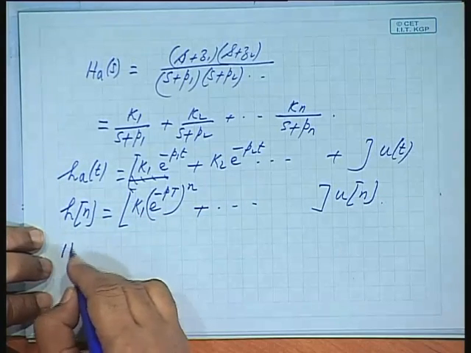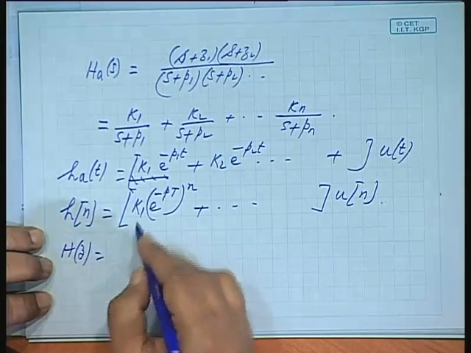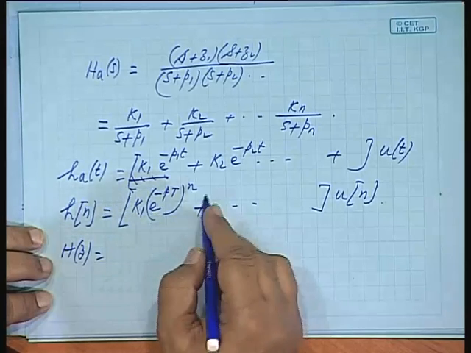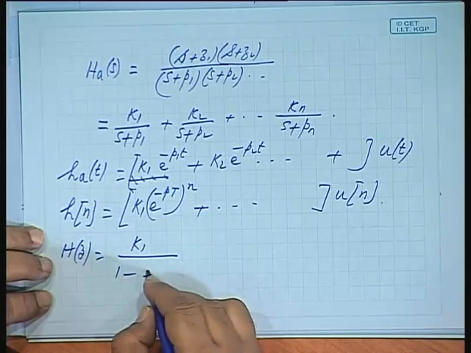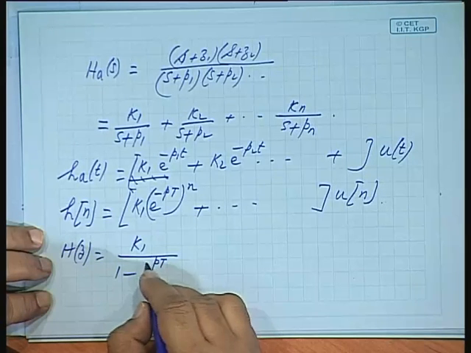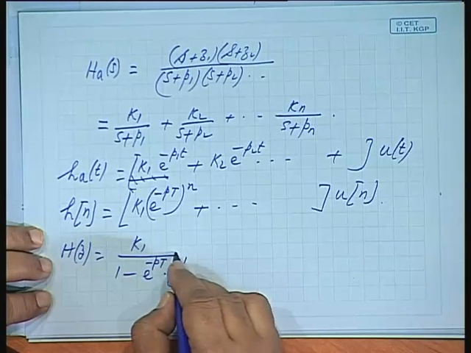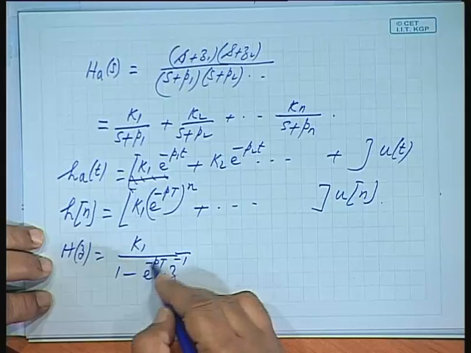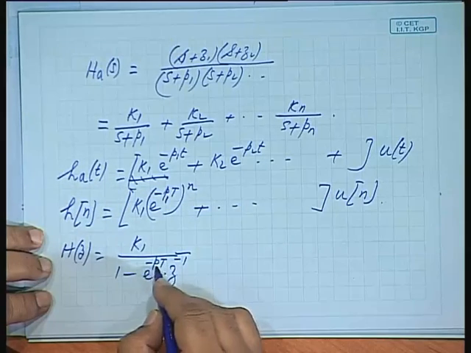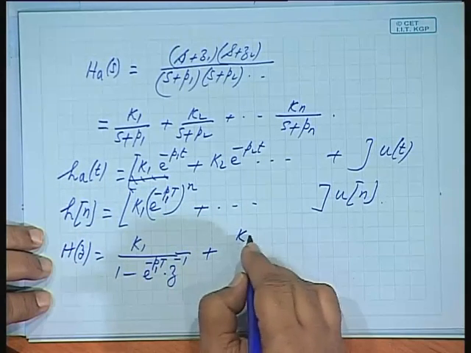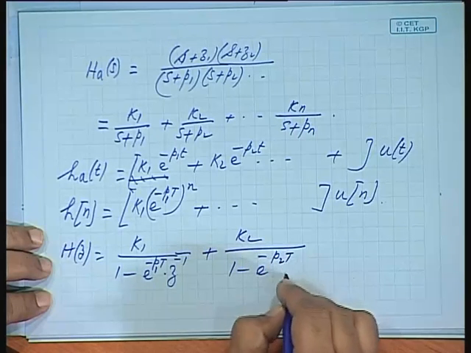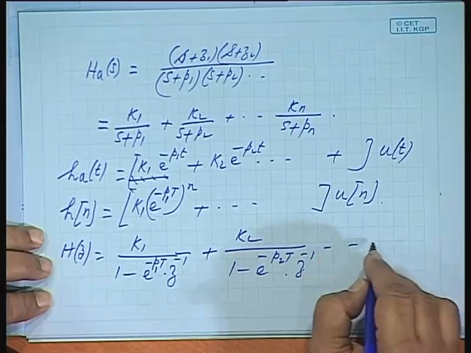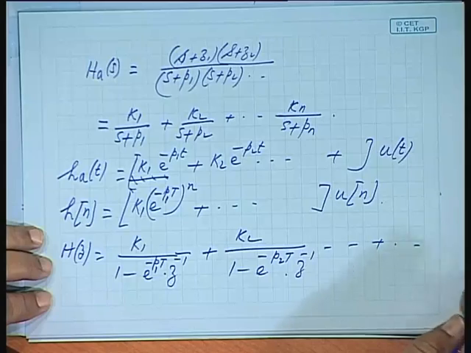So what will be the corresponding H(z)? It will be K1 by 1 minus e to the power minus p1 T into z inverse, is it not? Where e to the power minus p1 T. Similarly, K2 by 1 minus e to the power minus p2 T z inverse and so on. That will be the Z transform.